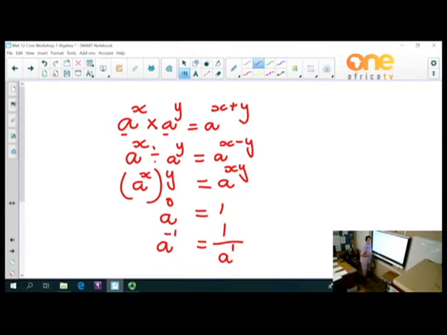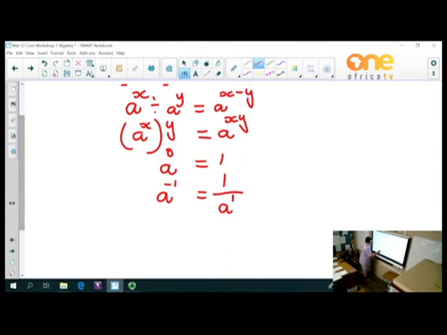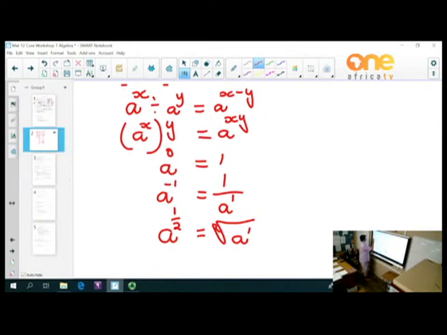And the last rule is a to the power of a half is equal to the square root, so there is the 2. So the square root is the fraction when we have the fraction. So this is what we're using now here.